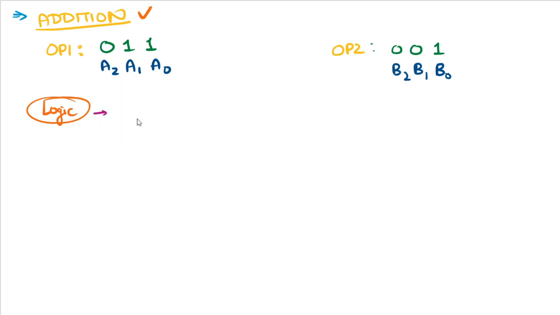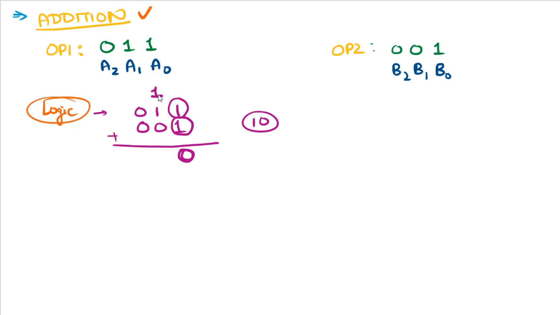So we have 0 1 1 and 0 0 1, right? If you want to do the addition here, how do we do it? First we see these two bits, 1 plus 1, it is 2, which is 1 0. We take 0 here and we take carry 1.